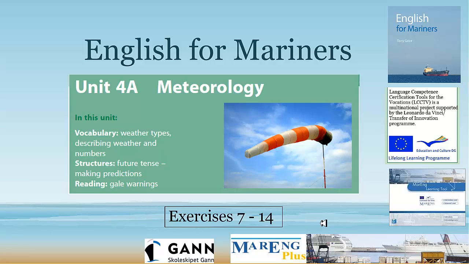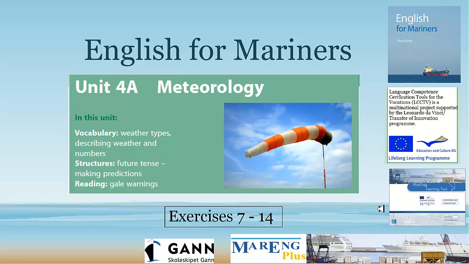So I definitely think you should do exercises 1 to 6 and pick up the basic terminology that we went through, as well as the Beaufort scale, and how the Beaufort scale is used in forecasts. We'll go through that again today, but the Beaufort scale looks at the wind speeds and how that relates to waves and weather. So do that first before continuing with exercises 7 to 14.